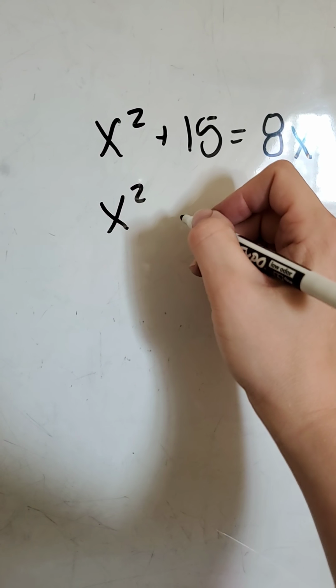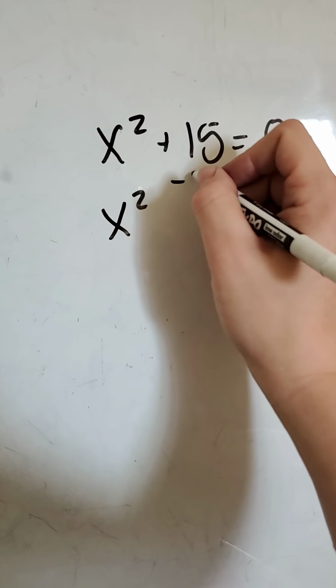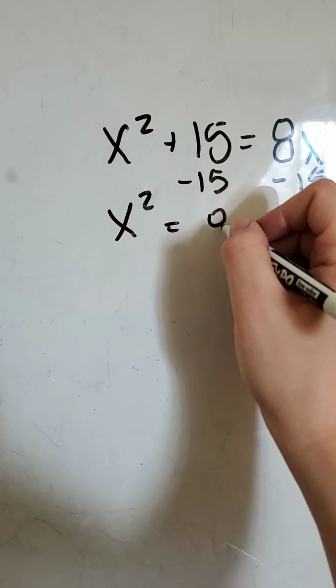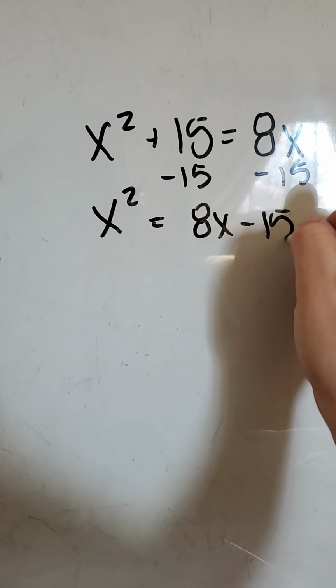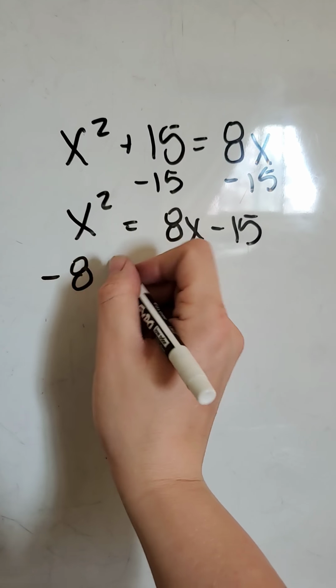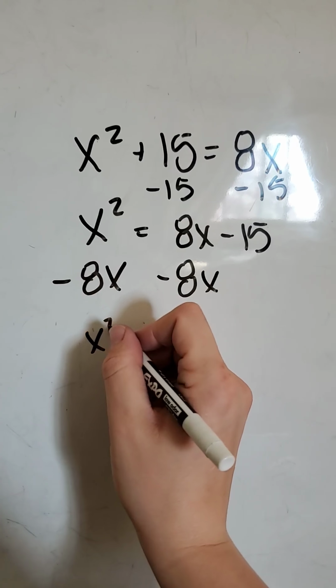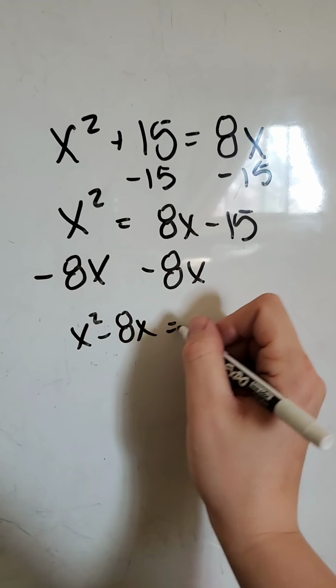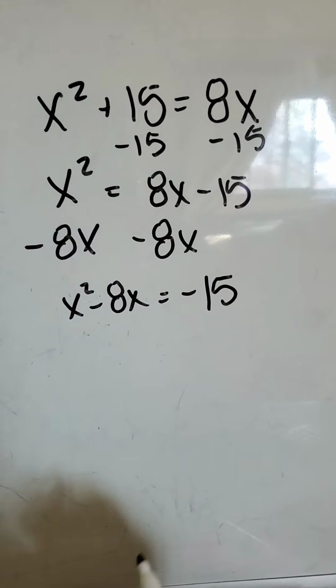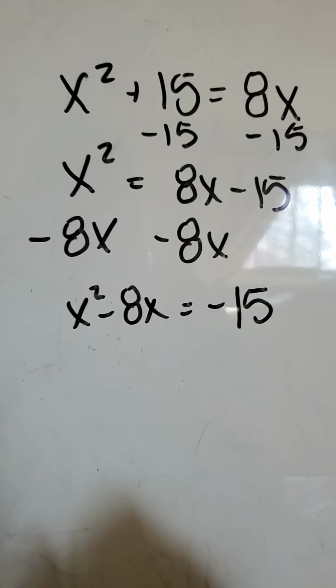So let's subtract 15 first. So I get x squared equals 8x minus 15. And then we'll move the 8x over so that I get x squared minus 8x equals negative 15. So now we have the same thing. It's just set up differently.